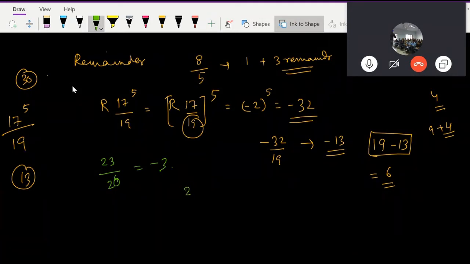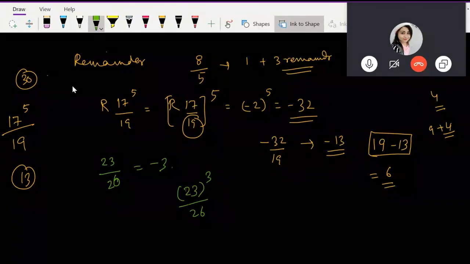So if I do 23 cubed by 26, what would be the remainder? 25.